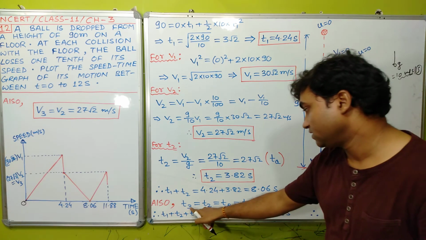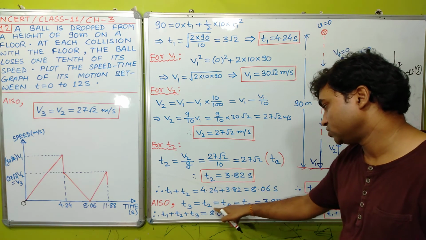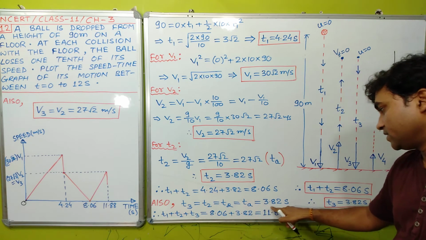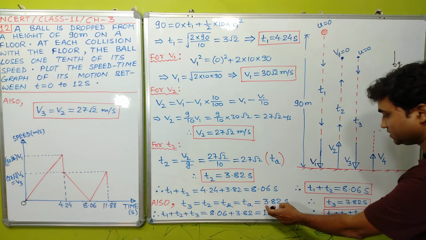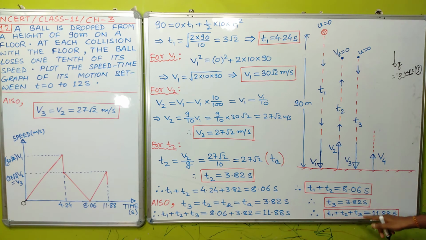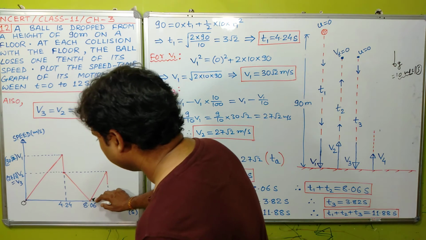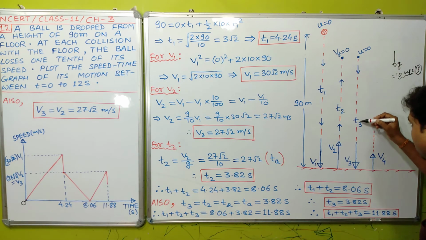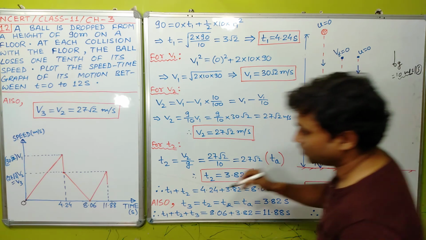So t3 equals t2, where td is the time of descent and ta is the time of ascent, and so the value of t3 will again be 3.82. Again the total time t1 plus t2 plus t3 equals 11.88 second. 11.88 second means its speed will start to increase as it is coming towards the ground.